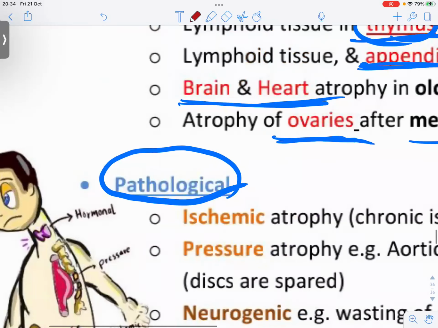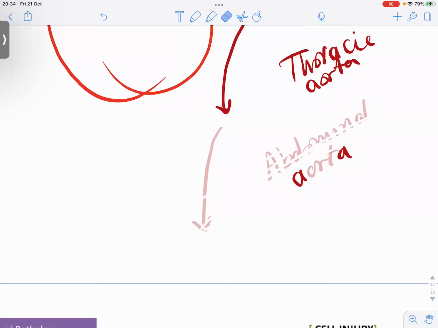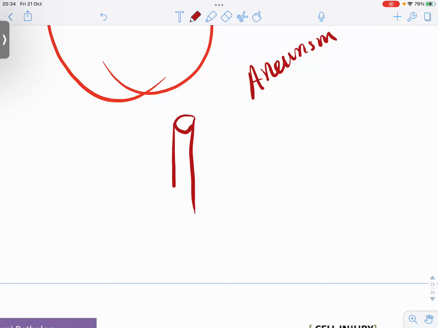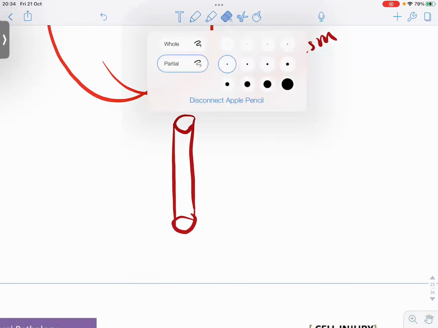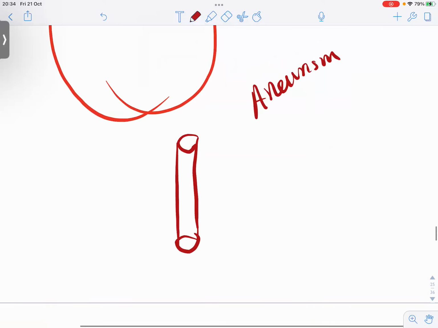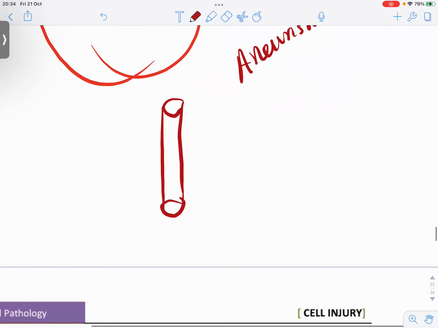Maybe something happens to the abdominal aorta. It's called an aneurysm. What does it mean, aneurysm? This is the abdominal aorta. Due to some effect, maybe hypertension or other effect, we will study aneurysm in detail, but later.